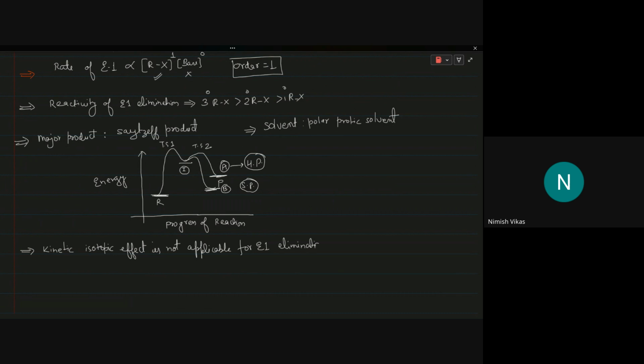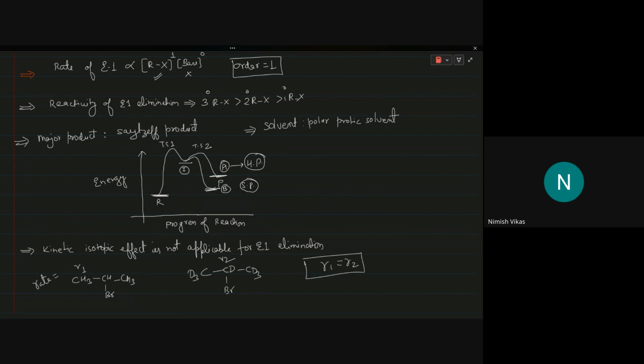That means suppose I have taken this compound, for example, CH3CHBrCH3. On this I'm performing the elimination, and suppose in place of hydrogen I take deuterium, CD3CDBrCD3. Suppose the rate of the reaction is R1 in this case and R2 in this case. So what you will find, R1 is equal to R2.